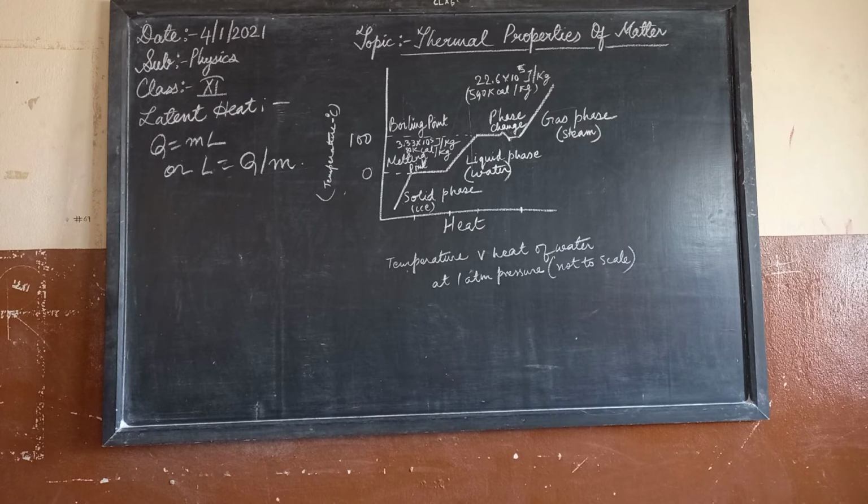So steam at 100 degrees centigrade carries 22.6 into 10 power 5 joule per kg more heat than water at 100 degrees centigrade. This is why burns from steam are usually more serious than those from boiling water.